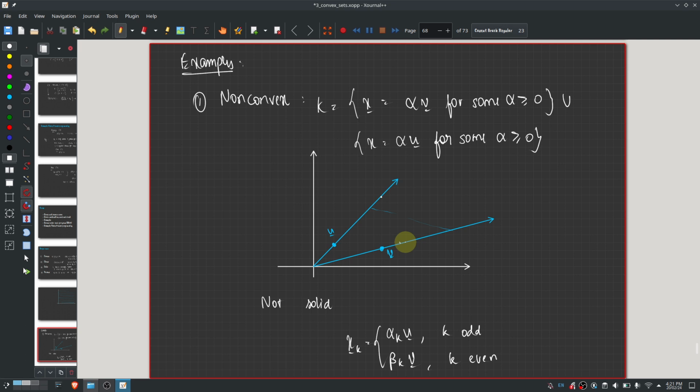right? If it converges to any other point, then for sufficiently large n, x_n is going to be in this line for n odd and this line for n even. And if these points must come close together eventually, then the only point they can converge to is the origin.